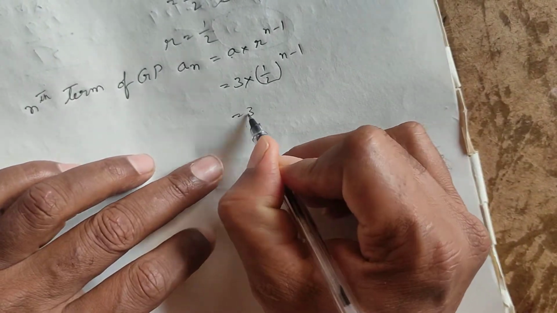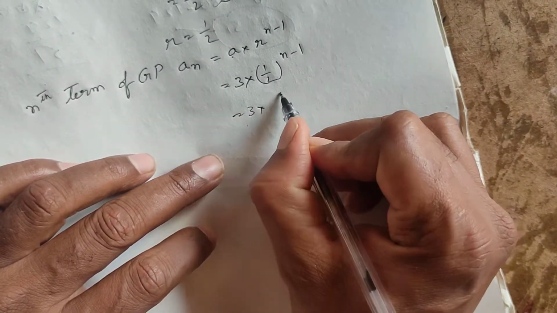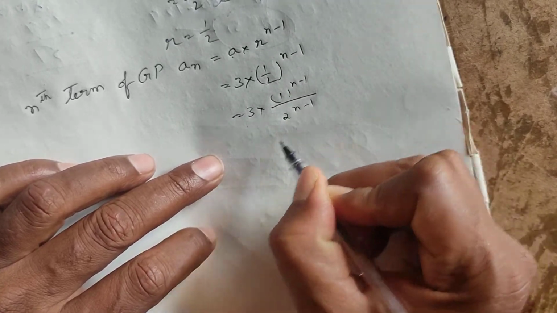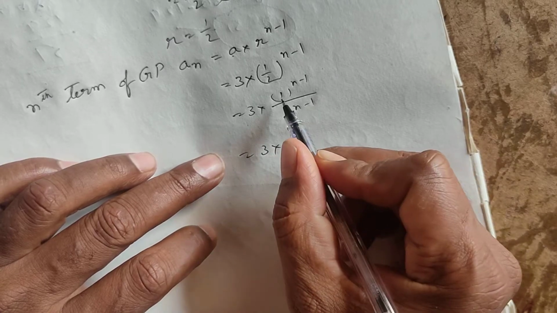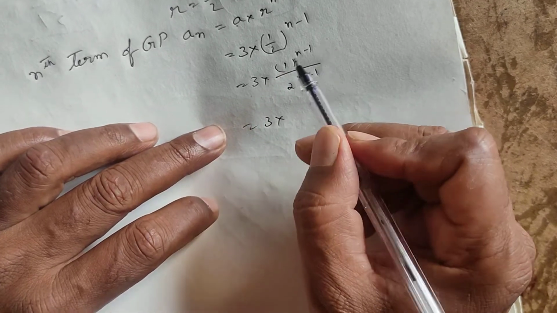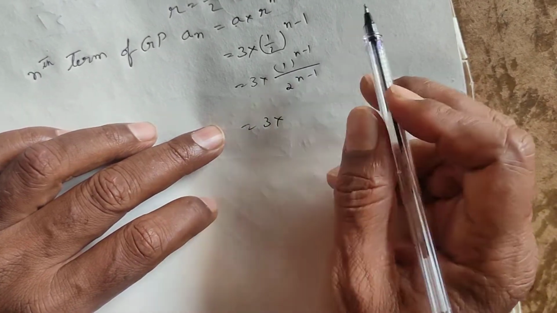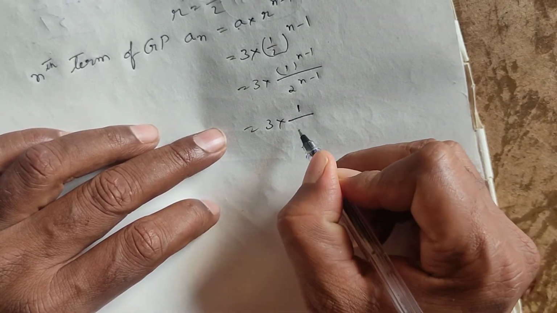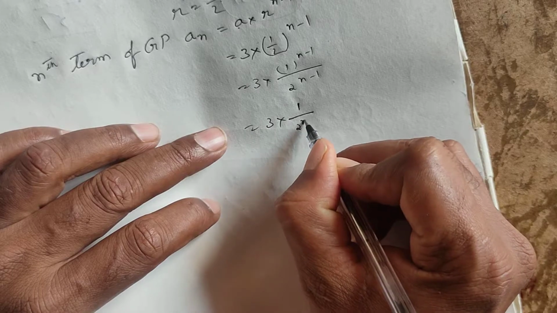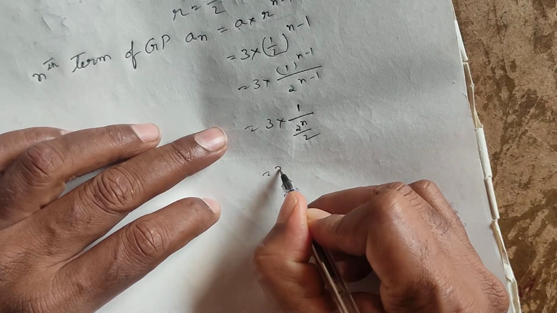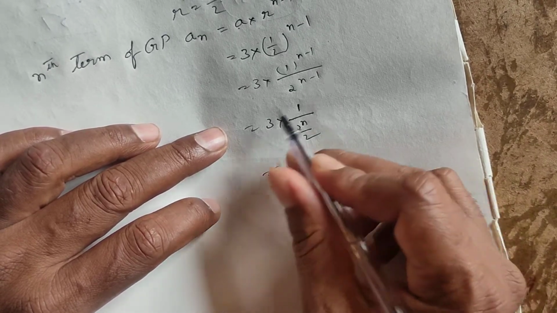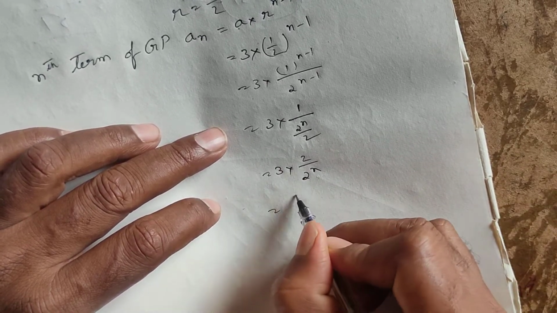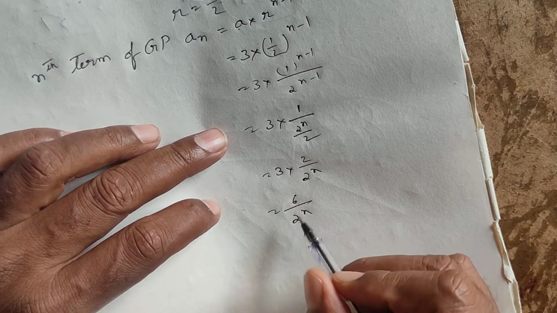Next, 3 as it is, 1 power n minus 1 by 2 power n minus 1. Here 1 power any number is 1 itself. So it is 3 into 1 by 2 power n minus 1, which is 2 power n by 2. Then 3 into 2 power n by 2, and 2 going to the numerator, 3 twos are 6 by 2 power n.